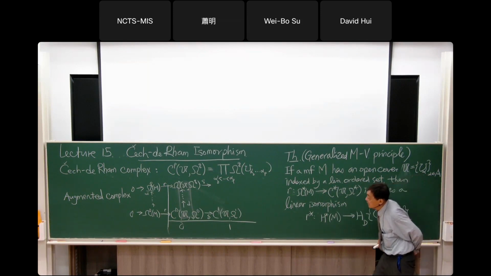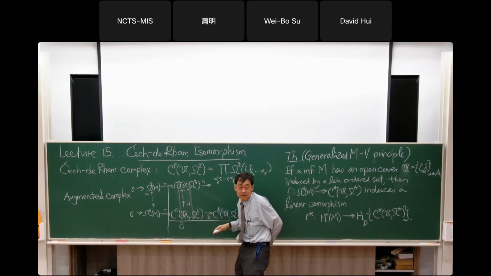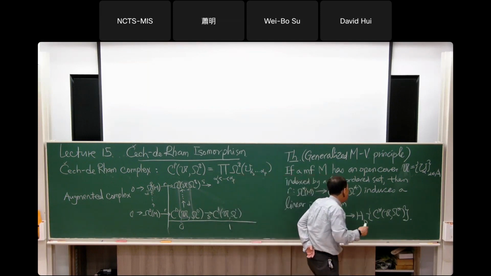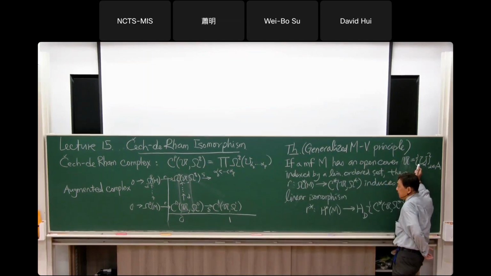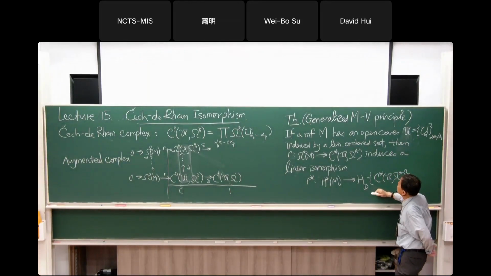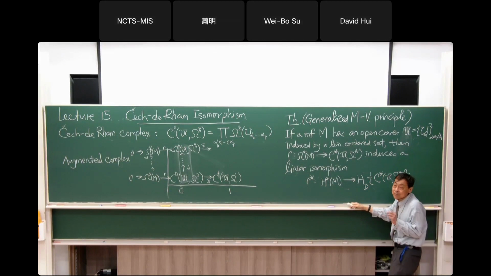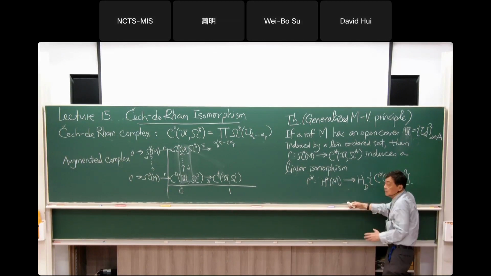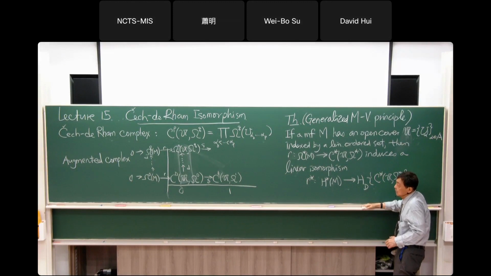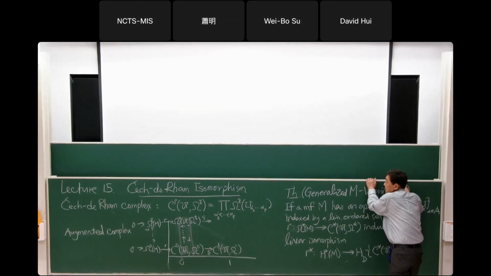We proved last time that all the rows are exact because they are just the generalized Mayer-Vietoris sequences. So let's prove this generalized Mayer-Vietoris principle, that the restriction map gives us an isomorphism from the de Rham cohomology to the cohomology of the double complex.